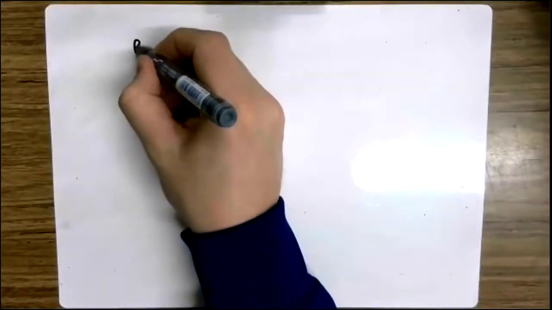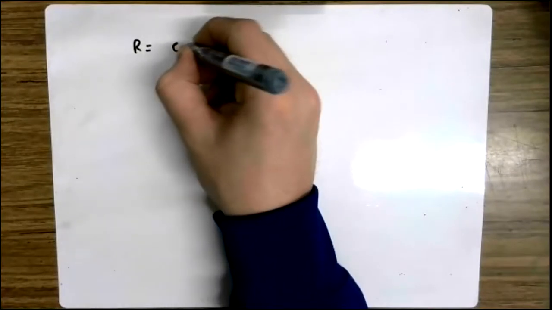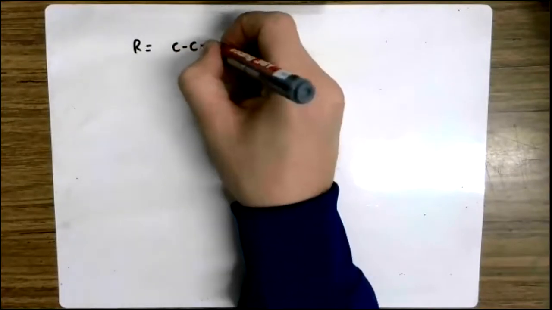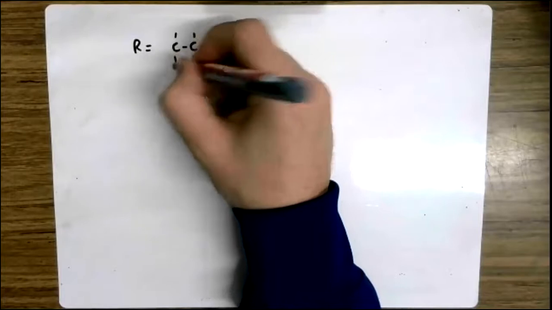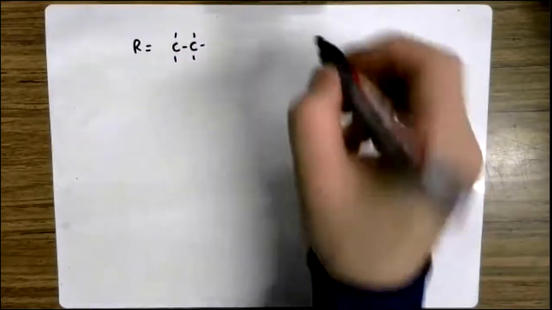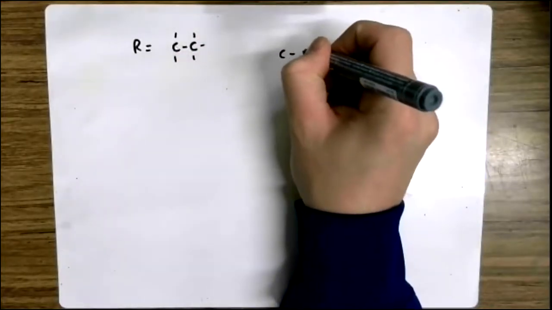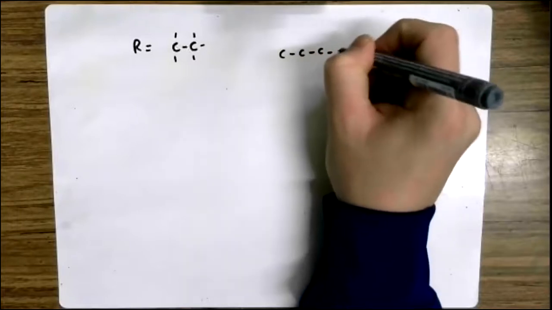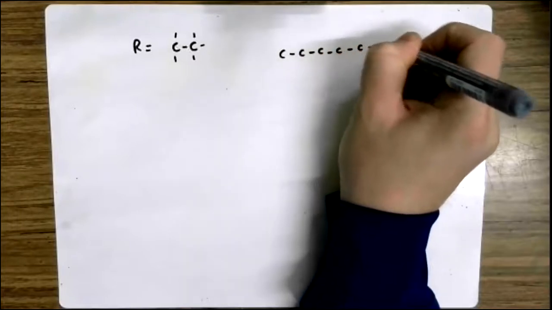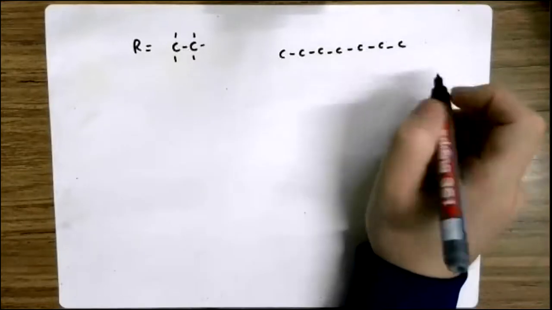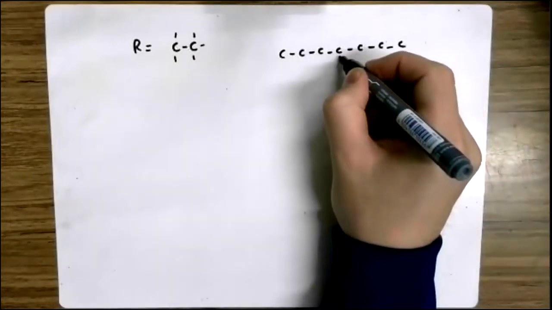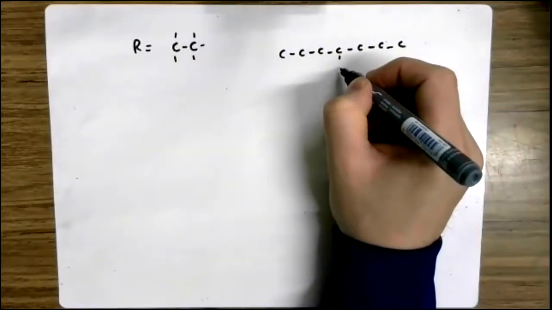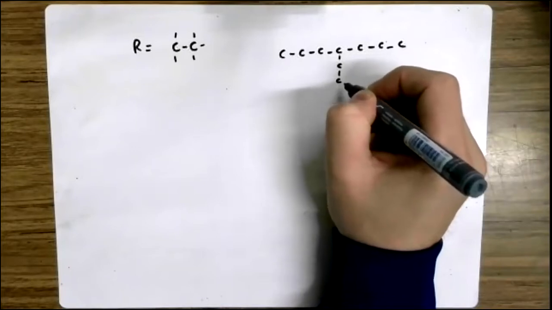Now, if our OR is equal to this, 2 carbons surrounded by hydrogens, okay, so where will we see that? Well, if we've got 1, 2, 3, 4, 5, 6, 7, and then here we've got 1, 2.